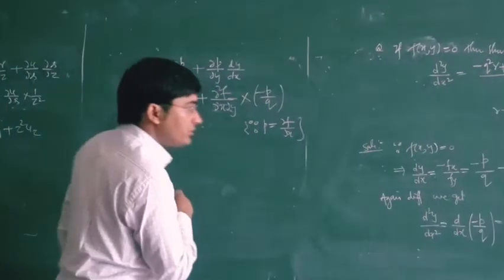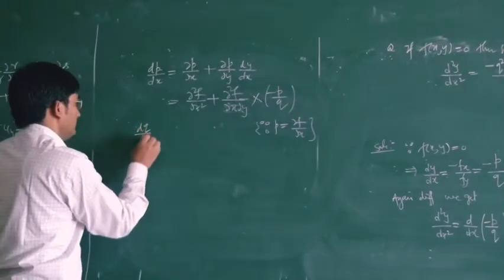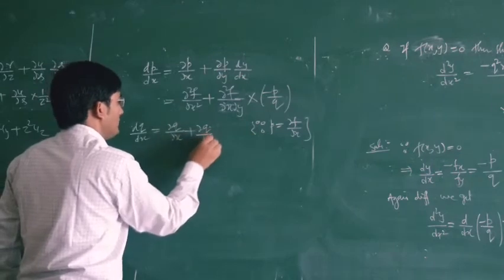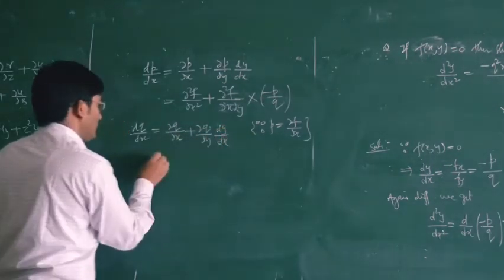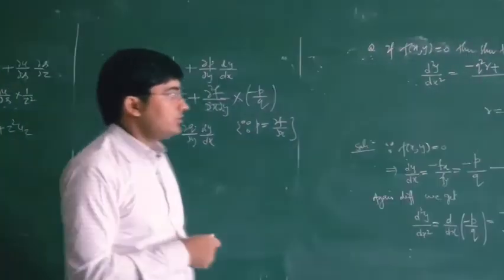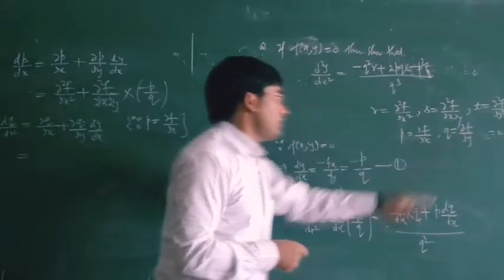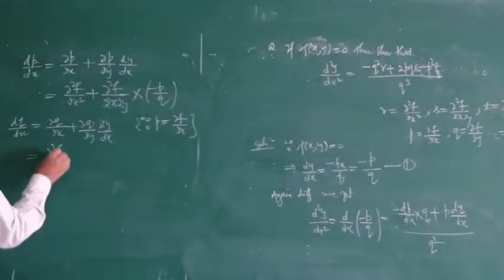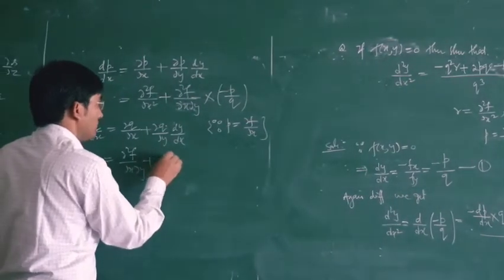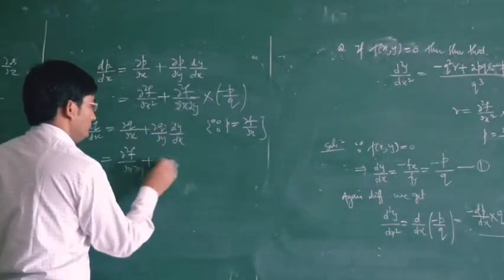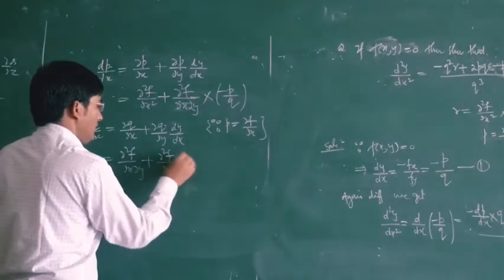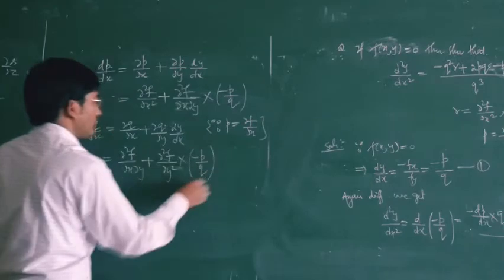Similarly, your dq upon dx will be del q upon del x into dx upon dx, plus del q upon del y into dy by dx. Now your q is a partial differentiation of f with respect to y, so we can write it as del 2f upon del x del y, and this is your s, then del 2f upon del y2, this is your t, and dy by dx is minus p upon q.